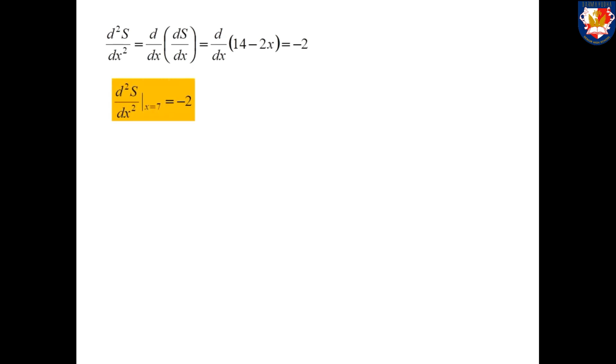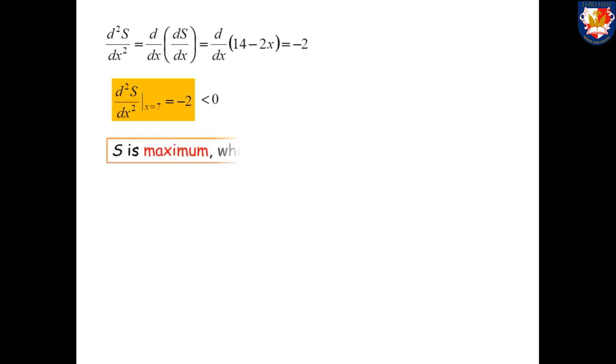The second derivative of S is the first derivative of the first derivative of the function S, or the first derivative of 14 minus 2x, which equals minus 2 for any value of x. Now, by substituting the value of x equals 7 from the previous work, we obtain the second derivative of S when x equals 7 equals minus 2, which is less than 0.